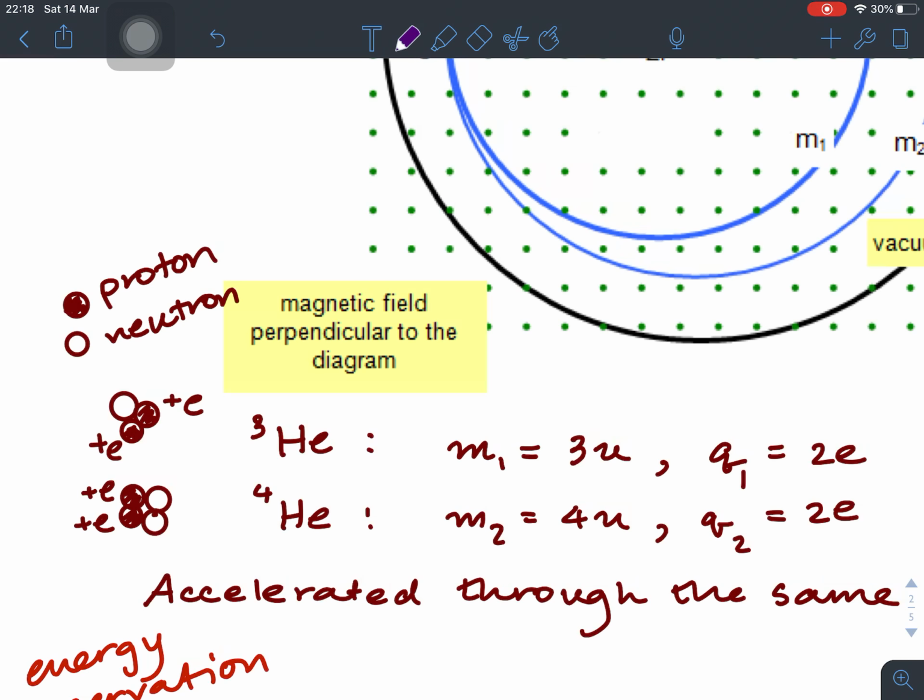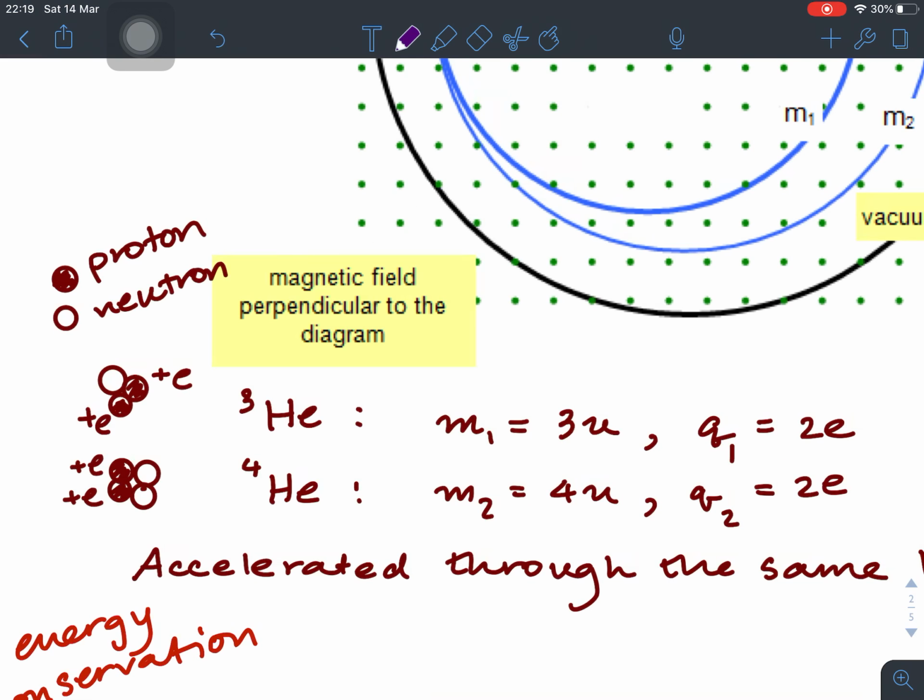So the mass of helium-3 is considered as 3u, or 3 times the mass of a proton. And for helium-4, helium-4 consists of 2 protons and 2 neutrons. So the mass of helium-4 will be 4u, and the charge will be the number of protons, which is 2e.